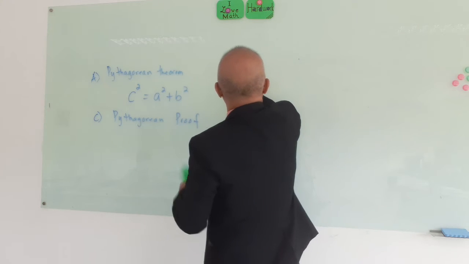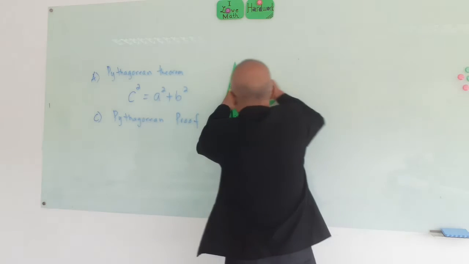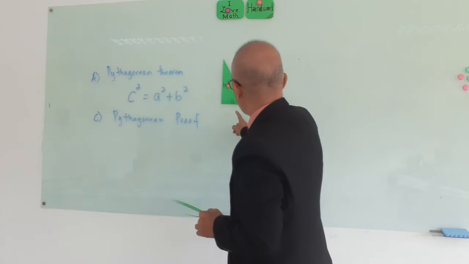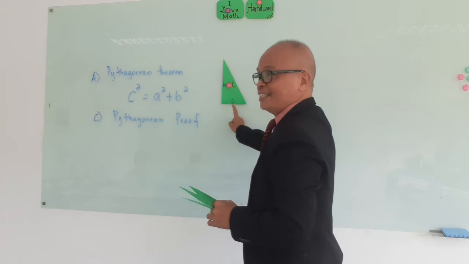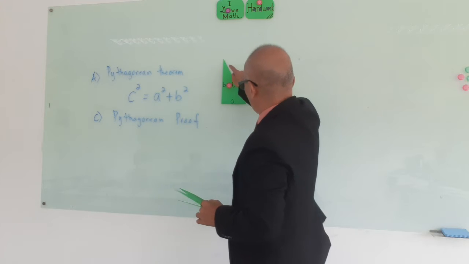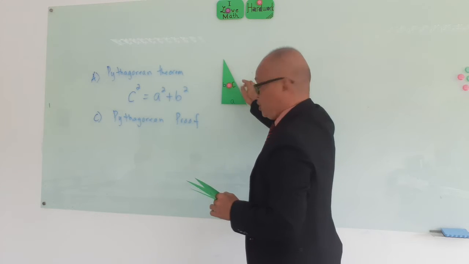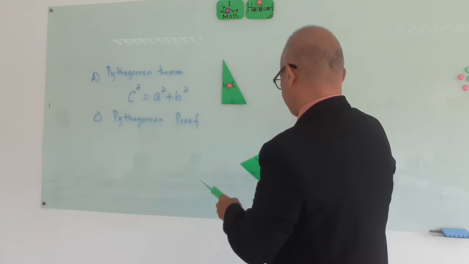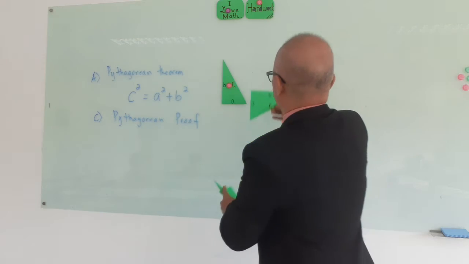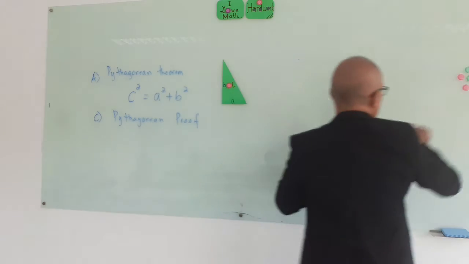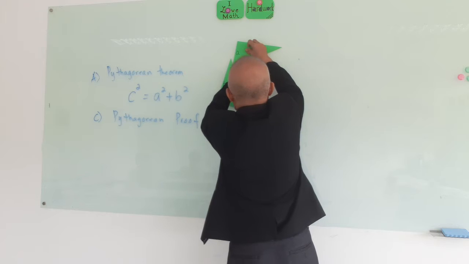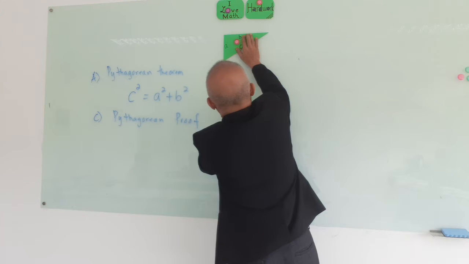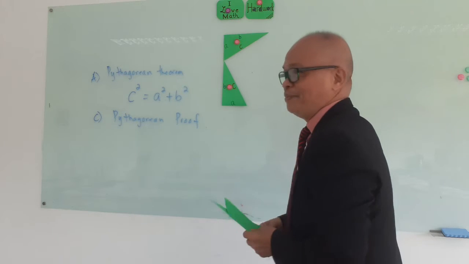So, that is one triangle. If you notice, side A here, side B, and of course the longest side, the hypotenuse, is the letter C. Now, next are the positions of the next triangle.